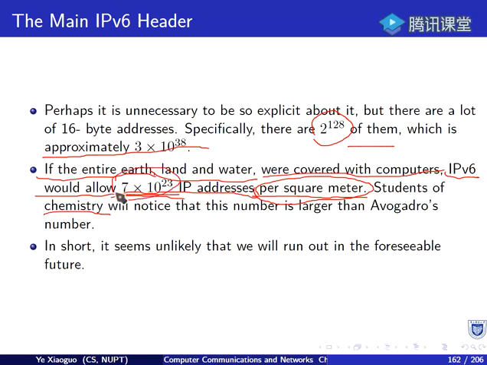It is nearly unlimited address space. In short, it seems unlikely that we will run out in the foreseeable future. This is the advantage of IPv6.